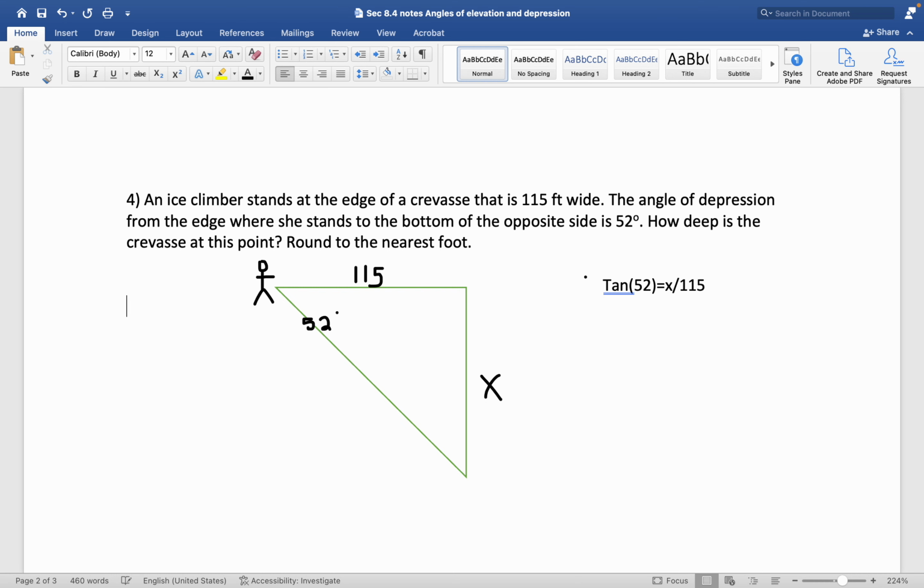Just like the last problem, we are going to now multiply by 115. So x will equal 115 times the tangent of 52. And again, sorry, I typed 114. That should be 115. You can plug that directly into your calculator to find that height.